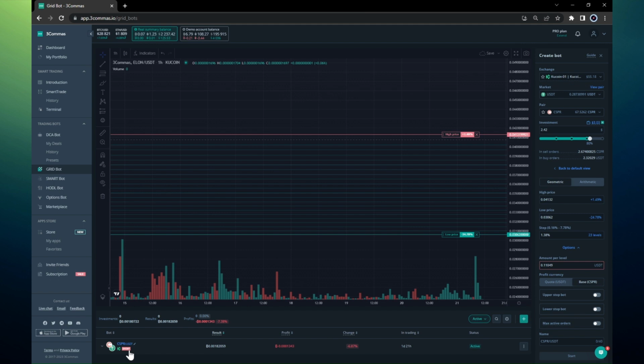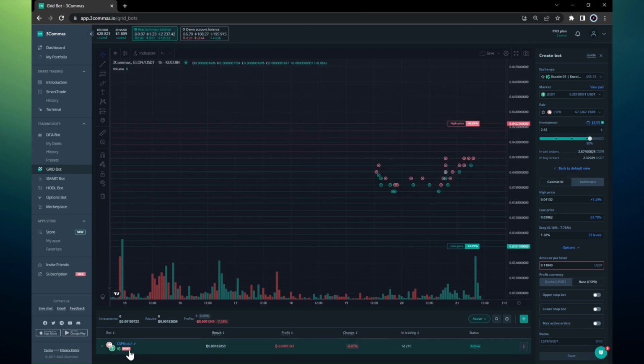But 3commas is using that terminology as if it was trading on futures, because again, it's selling off the base currency. So it's calling this grid a short.